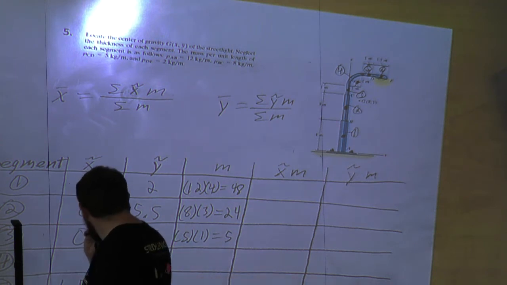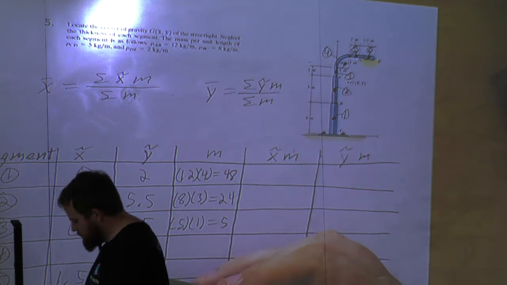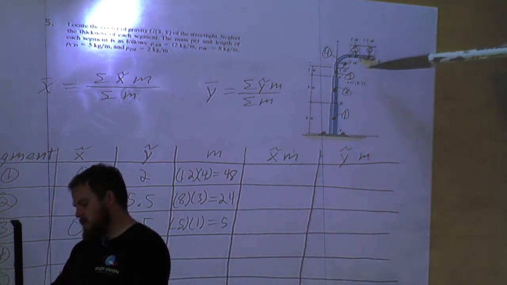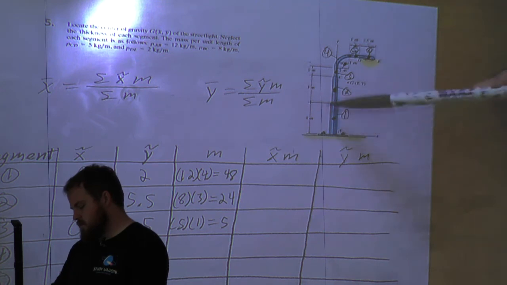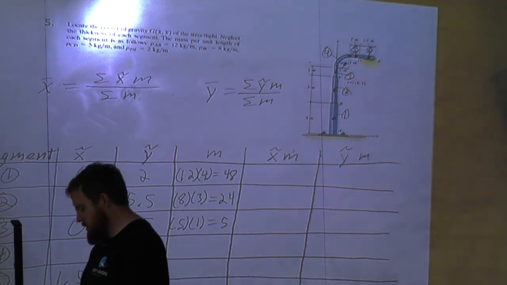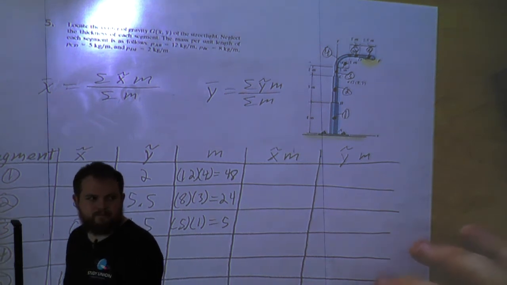Right? Now our y bar, they're both in line with each other, so it should be just the total height: 4 plus 3 plus 1 plus 1, so that would be 9. Does that make sense to everyone?